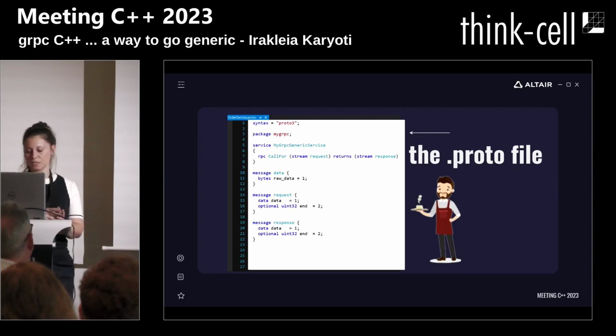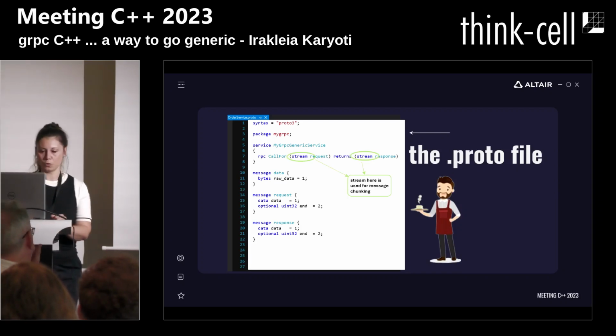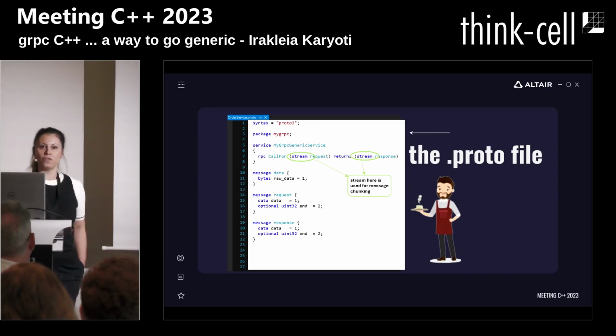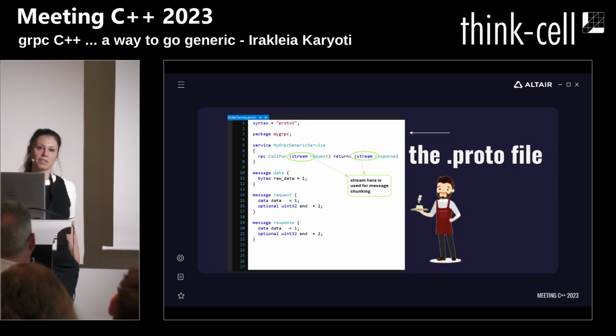This stream now does not refer to a streaming process, but rather is used for message chunking. So in case of large messages, you can model that as a streaming process, as the messages get chunked and read on a sequence basis.